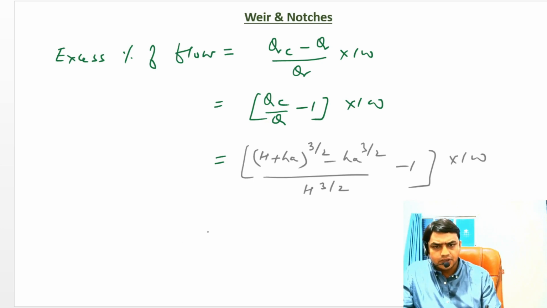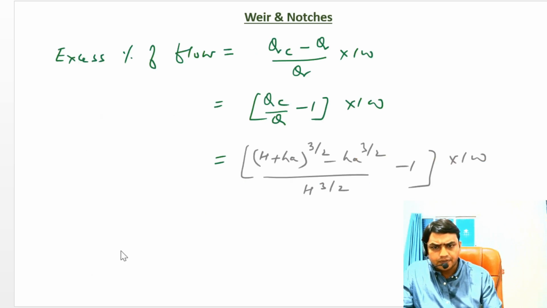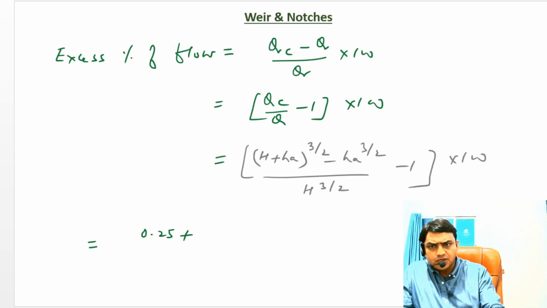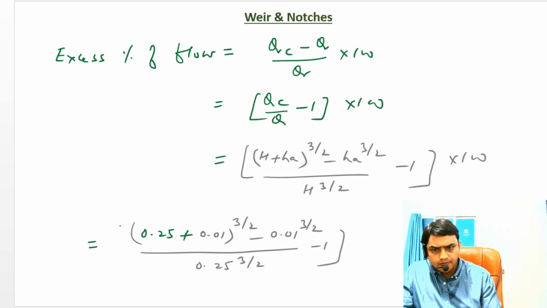Put the values: H is given, H is 0.25 meter. So the percentage excess flow can be computed as 0.25 plus Ha is 0.01, to the power 3 by 2, minus 0.01 to the power 3 by 2, divided by 0.25 to the power 3 by 2, minus 1, into 100.